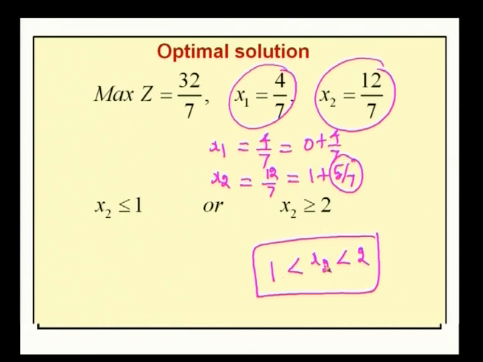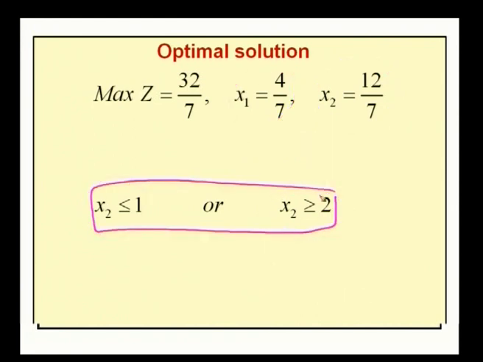Now, the feasible integer solution of x2 satisfies the condition x2 less than or equal to 1 or x2 greater than or equal to 2. These two conditions lead to splitting the original problem into sub problems.